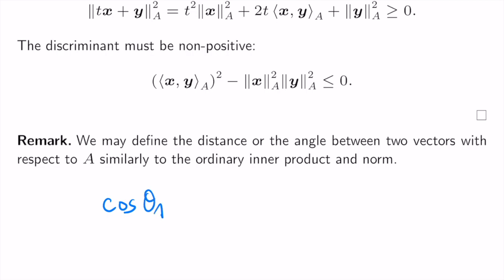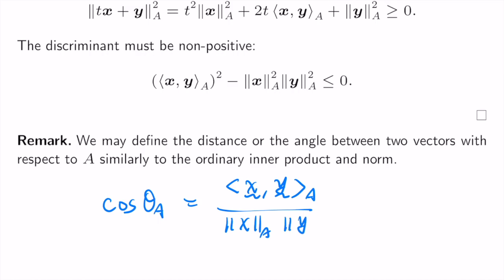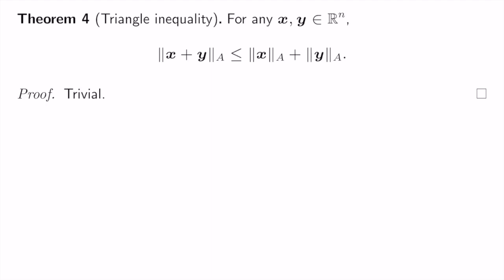Let's call it theta A, as the inner product of x and y with respect to A, over the norm of x, A, and the norm of y, A. So this defines an angle between two vectors, but this is modulated by the matrix A. And from the Cauchy-Schwarz inequality follows the triangle inequality, just like before. And by now, the proof should be trivial and it's left as an exercise.